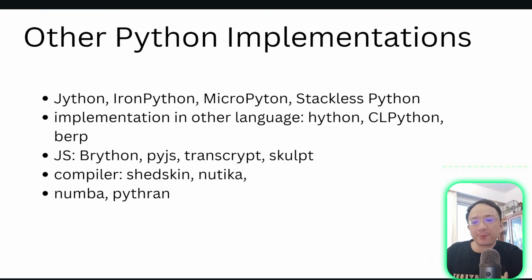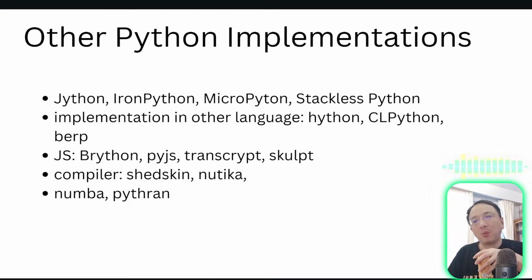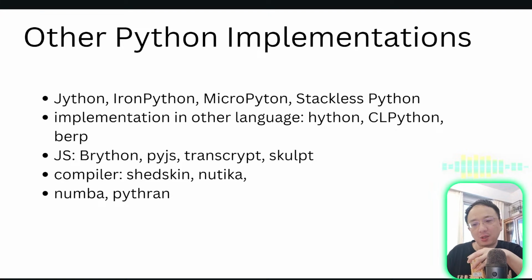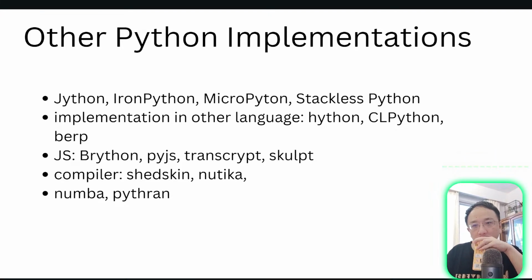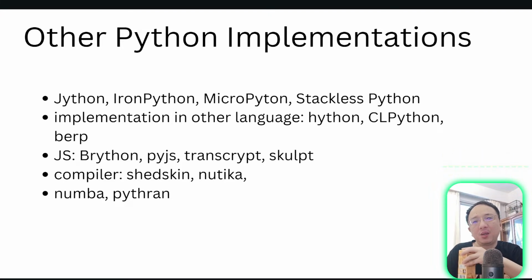MicroPython is targeted at edge devices, or more like single board computer edge devices. And Stackless Python is an experimental implementation of Python without the stack, so it can have some benefit when running in threads or Perl.